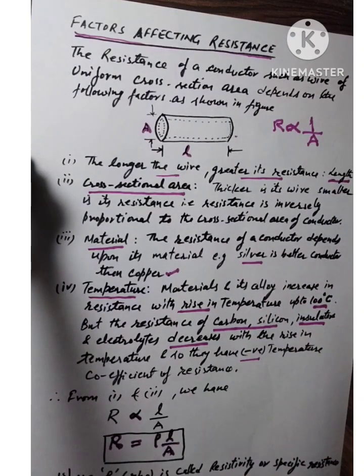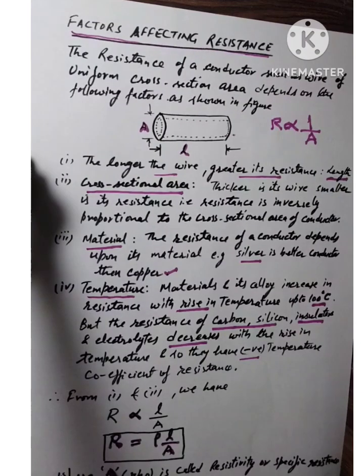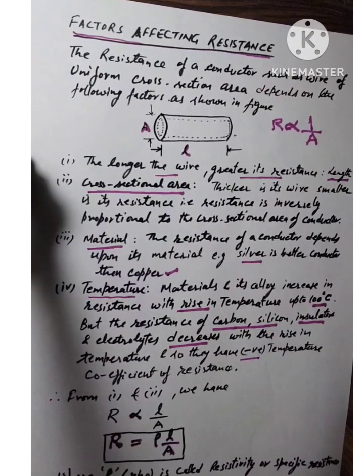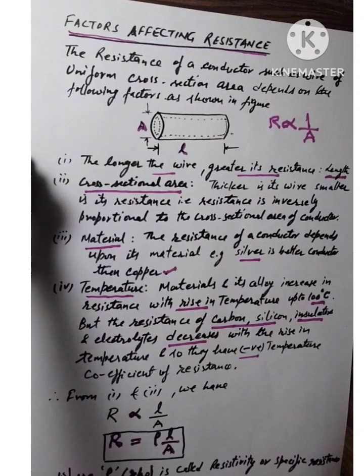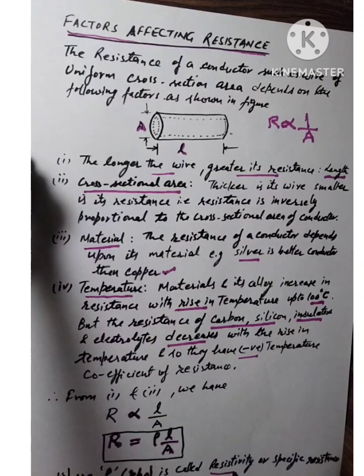The symbol rho is denoted by a constant, which is called resistivity or specific resistance.